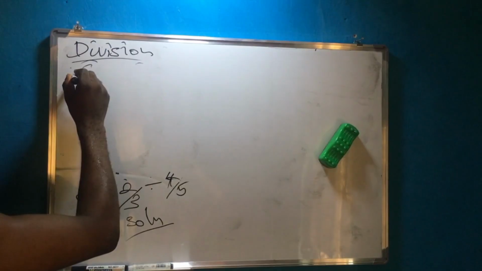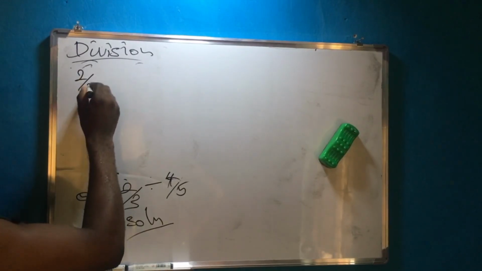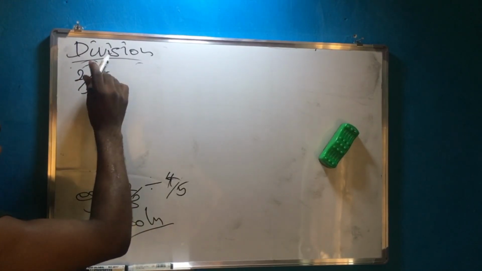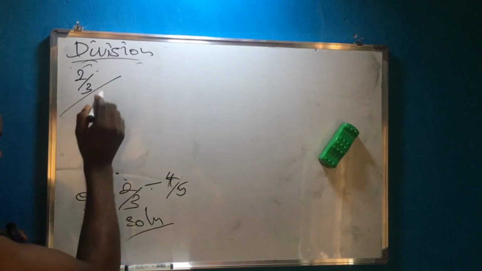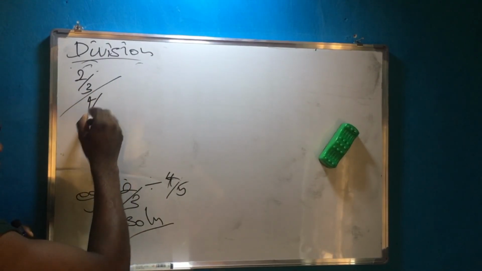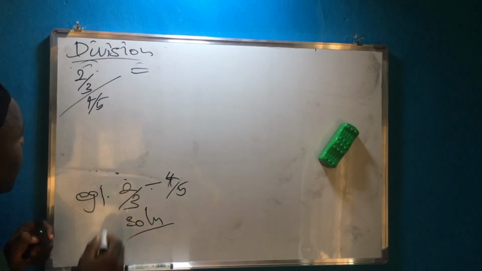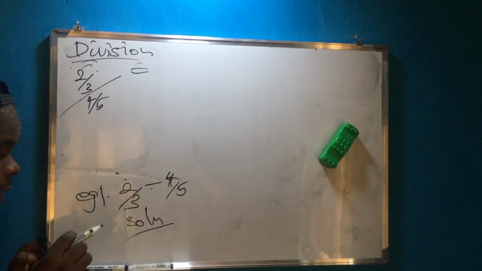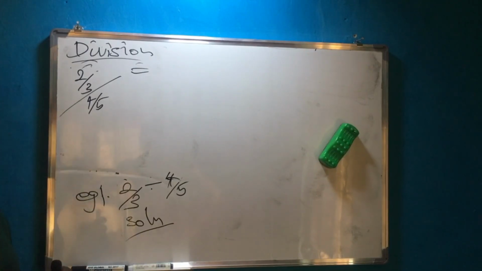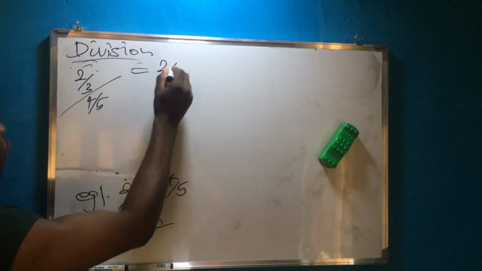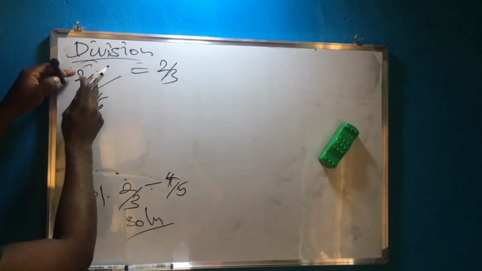We'll say 2 over 3 divided by 4 over 5 is equal to, you have the first fraction. Remember what I told you, the first fraction is always the same. You repeat the first fraction, don't change anything. Just write 2 all over 3, which is this first fraction here.